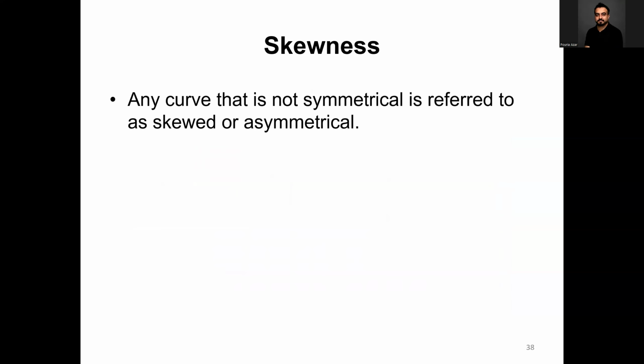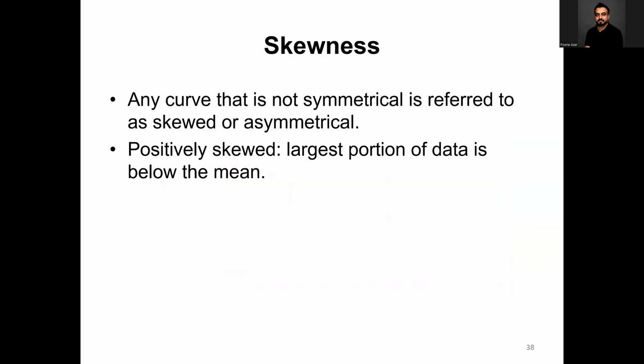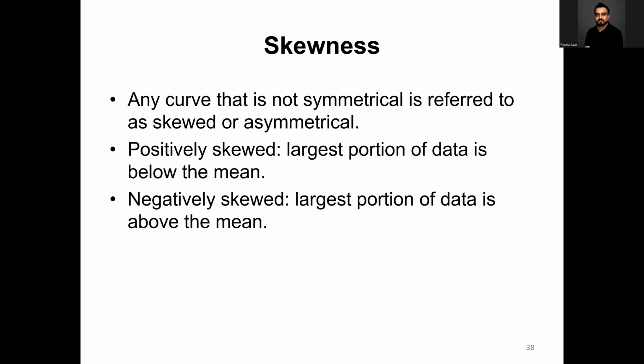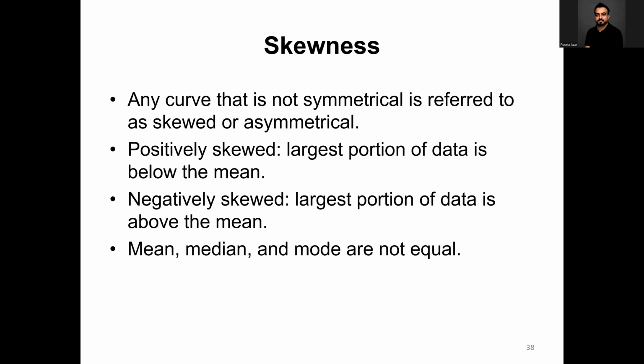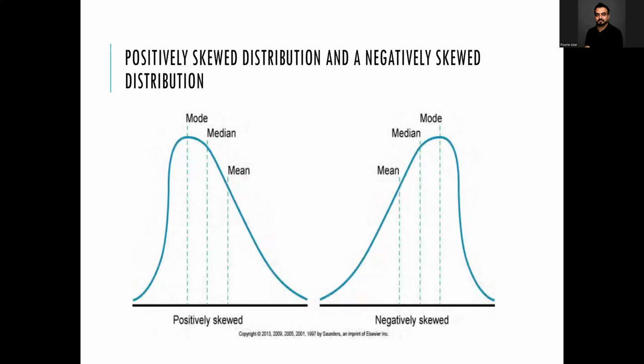So any curve that is not symmetrical is referred to as skewed or asymmetrical. Positively skewed, largest portion of data is below the mean, and in negatively skewed, largest portion of data is above the mean. Mean, median, and mode are not equal, as we can see from this figure.